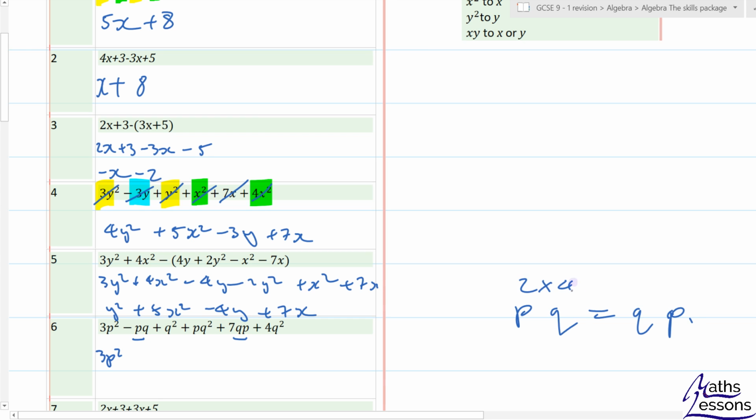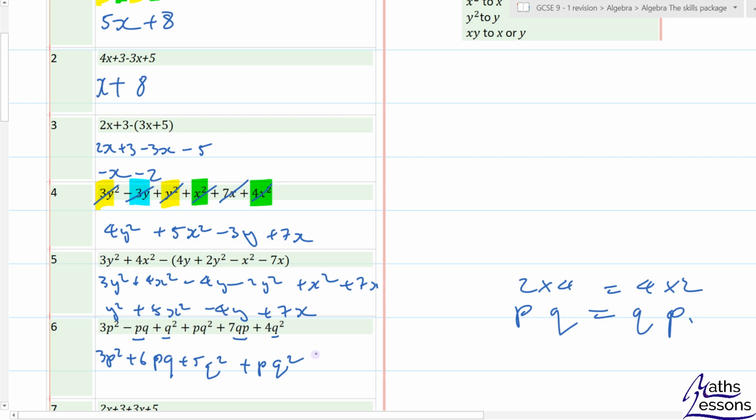Imagine if you had 2 times 3, you know that equals 6, and 3 times 2 equals 6. This is the same result. So we've got a plus 6pq. And how many q squared? We've got a q squared here and a 4q squared there. So that's 5q squared. And then we've just got a 1p squared.